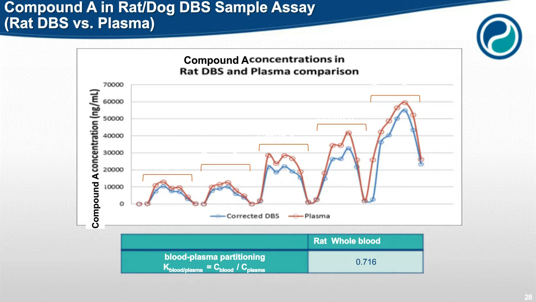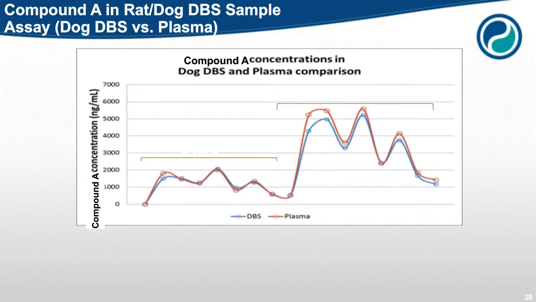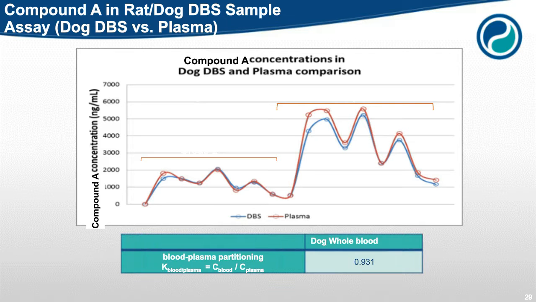Now let's look at the dog study. In the dog study, the two curves are very close to begin with, without the correction factor. I mean, if we apply that 0.7 factor to the blue line, it's going to be too high. But luckily, when we measured the K values for compound A in dog blood, we found that the K value is very close to 1.